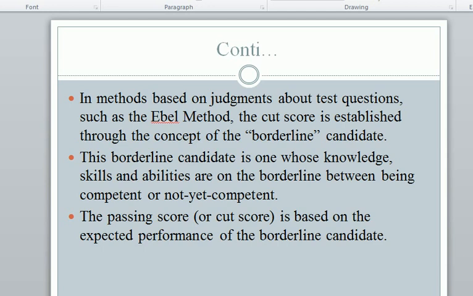These terms are competent or not yet competent. The passing score or cut score is based on the expected performance of the borderline candidates.